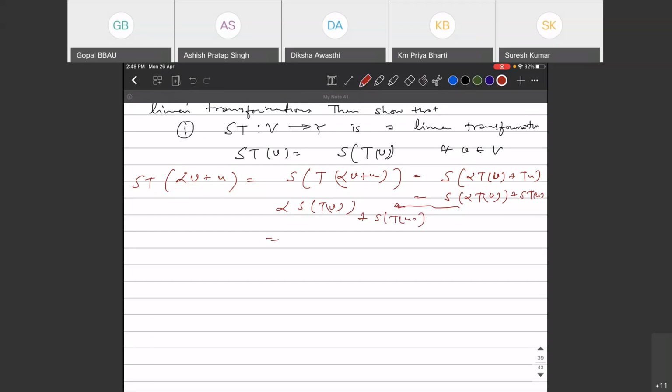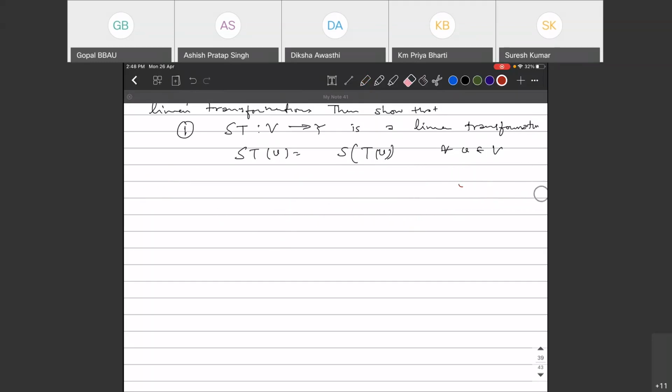So from here you can easily get the desired thing. Wow, this part was easy.